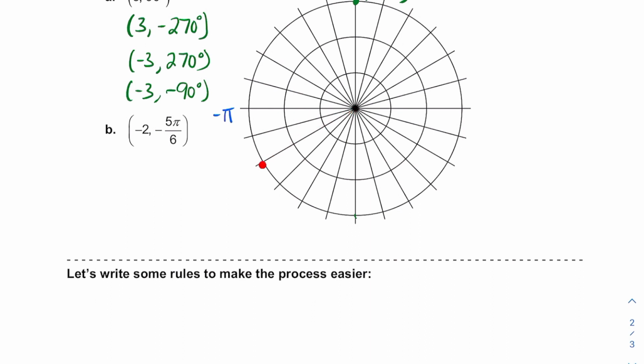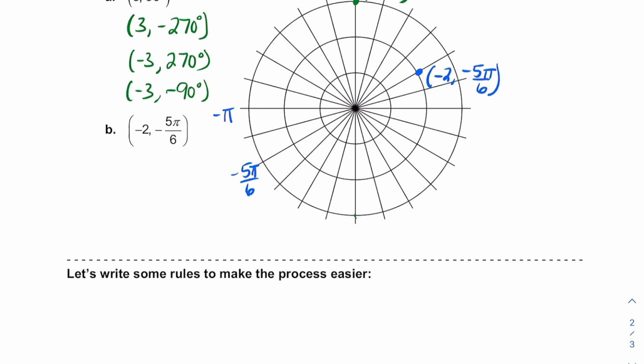So negative 2, that makes negative 5 pi over 6, this line right here. If it was a positive 2, we'd be here on the second circle, but we travel that line through the origin. We go out the opposite side, the same place, 1, 2, and that puts us right here. So this is (-2, -5 pi over 6).